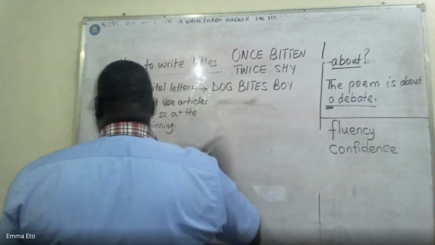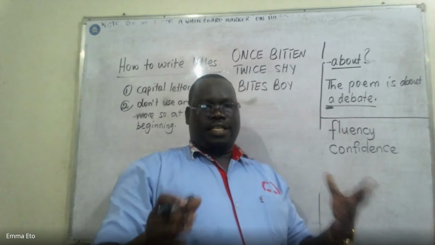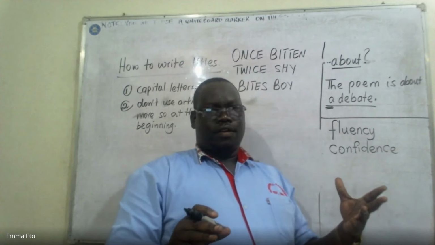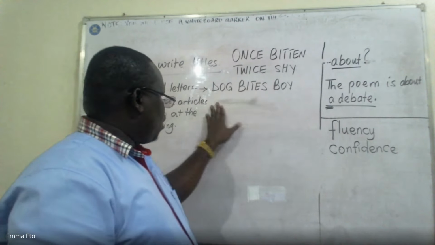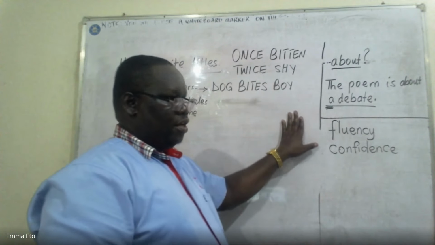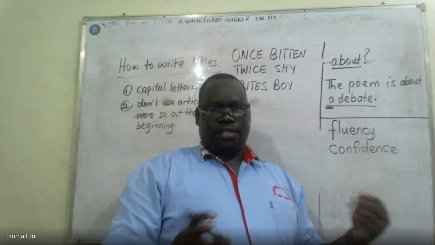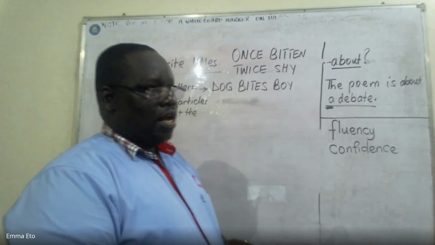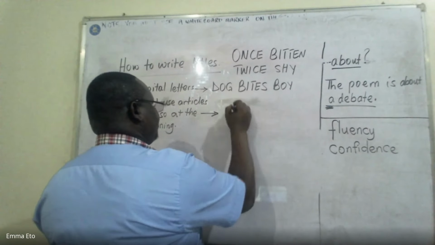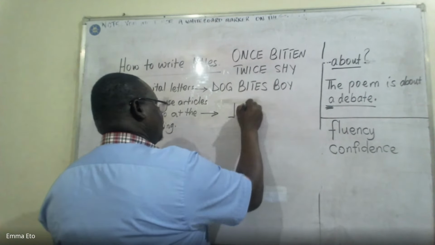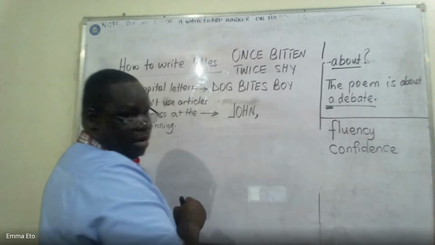So if I am going to describe a character, I'm going to talk about John and his being hardworking. So I can say John, then I will have my comma.